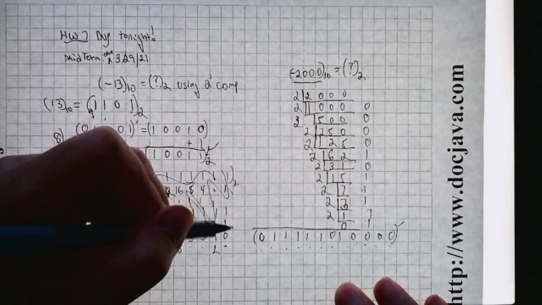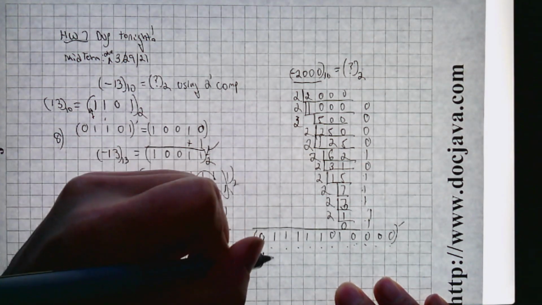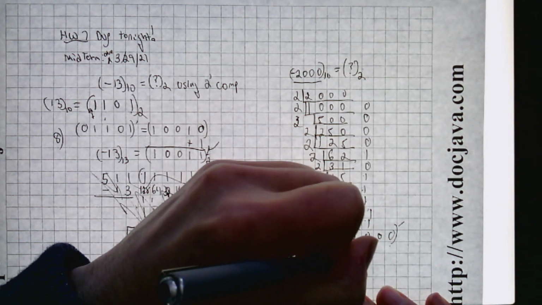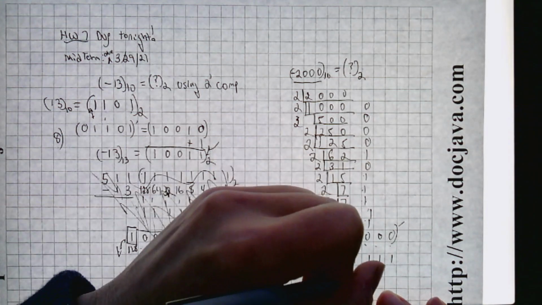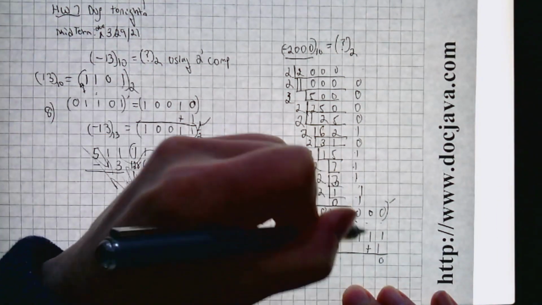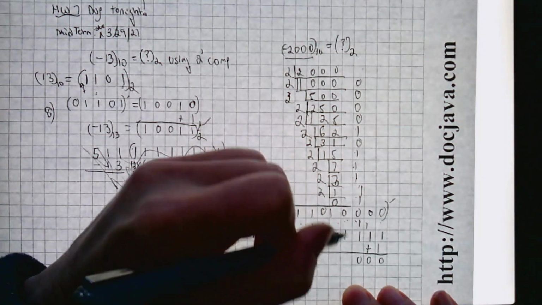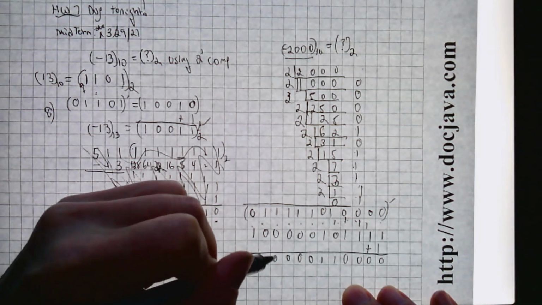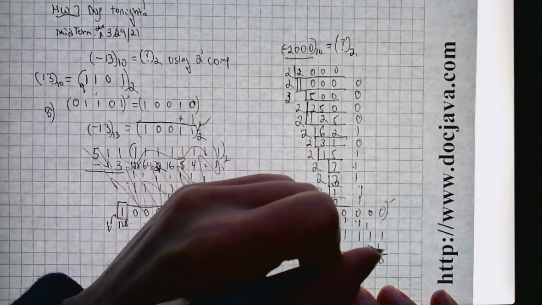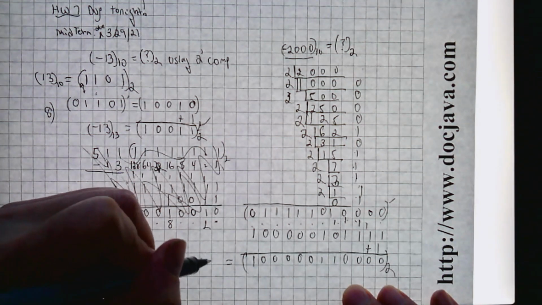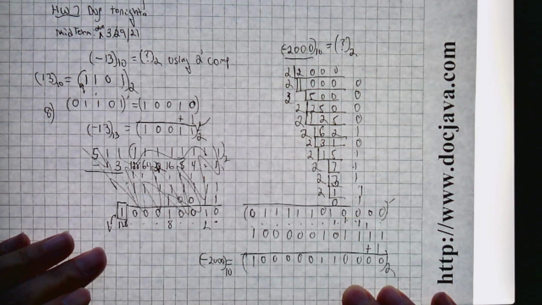So now we do the complement. Then we do the increment. And that should be equal to minus 2000, base 10.